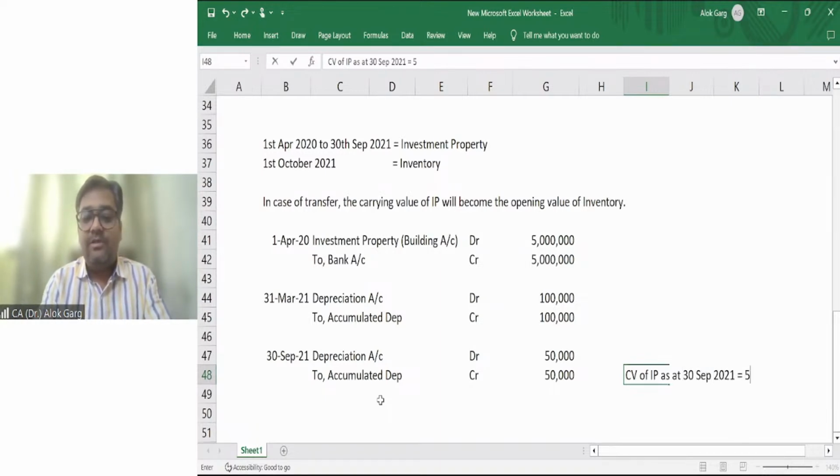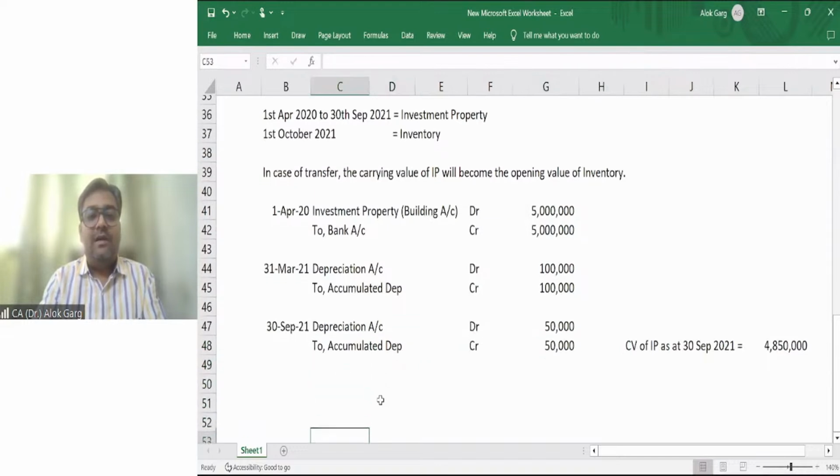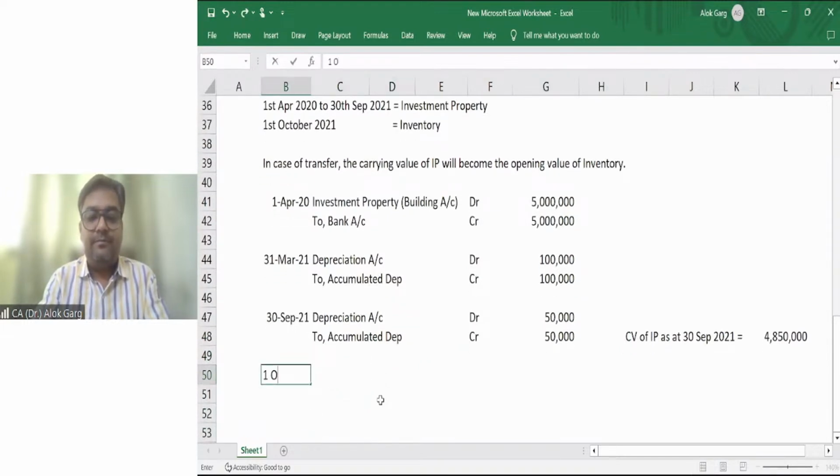It is 50 lakh minus 1 lakh minus 1 lakh minus 50,000, which is 48 lakh 50,000. So what is the accounting entry on 1st October? Inventory account debit to investment property account.